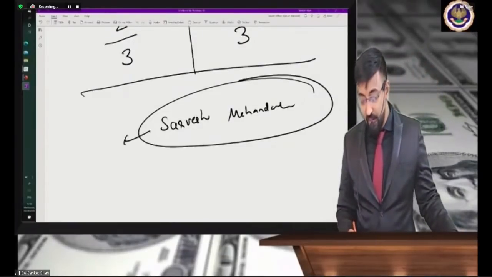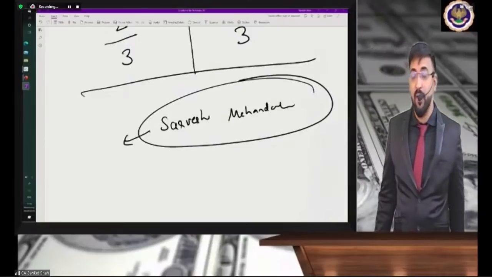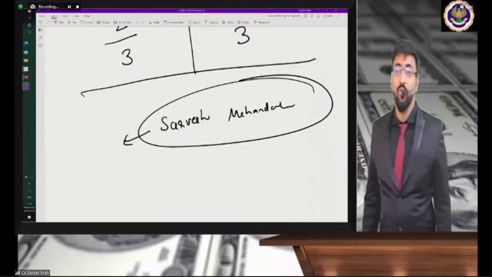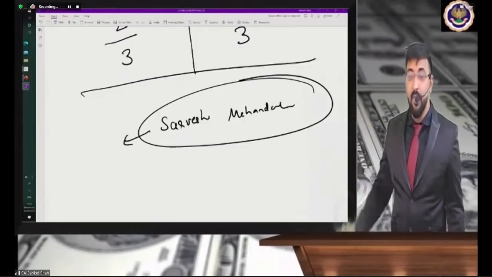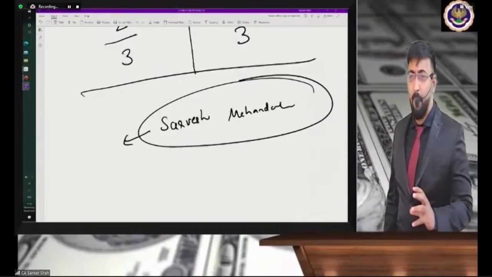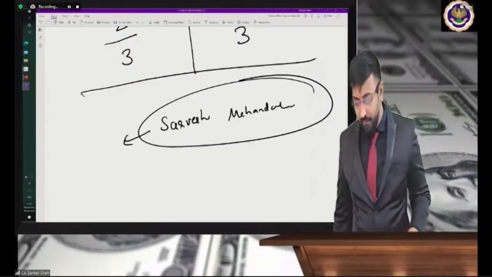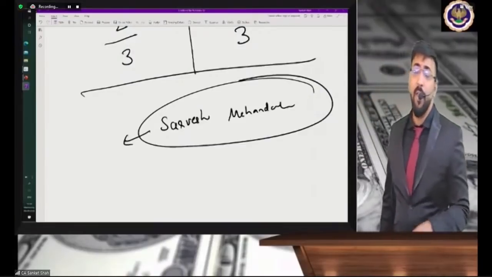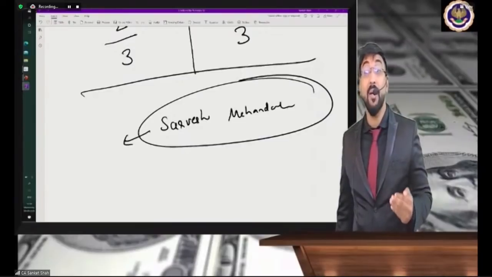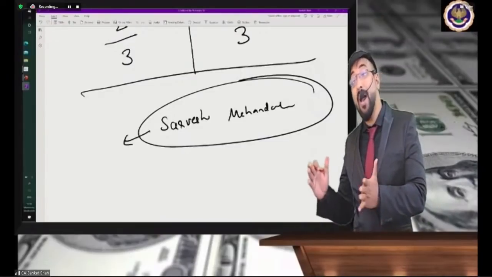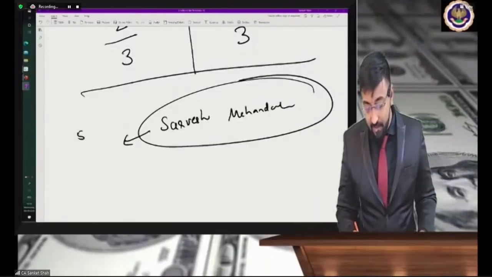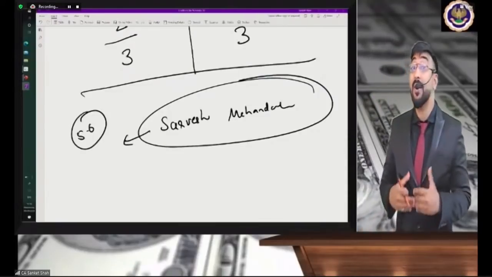Sarvesh Mehendare is a newly qualified chartered accountant, and after 2 years of struggling, he also wants to join Sanket sir and Pushkaraj sir's firm. So Sarvesh Mehendare is asking for some ratio, some chocolate. Now, if Sarvesh starts his business from scratch, it will take some time to establish it, might be 5-6 years.